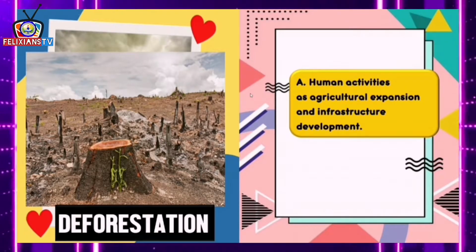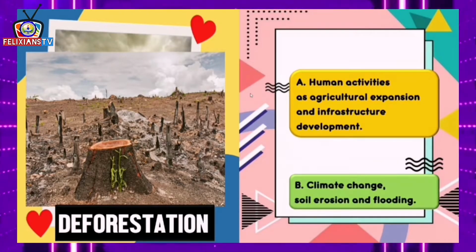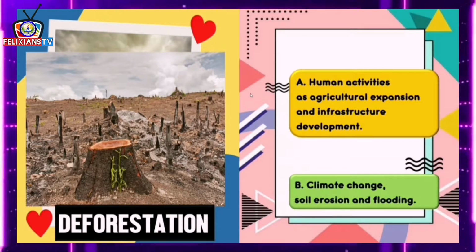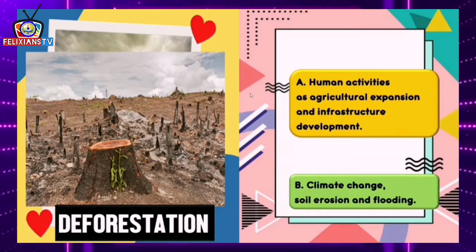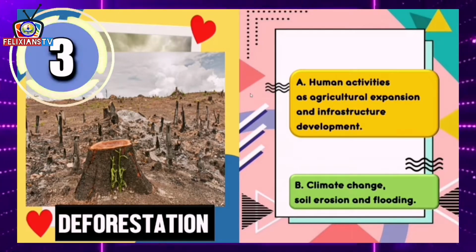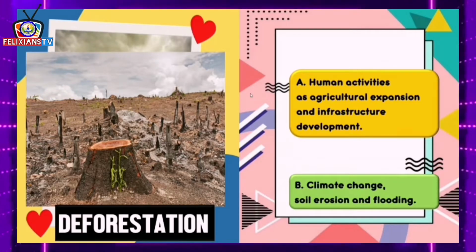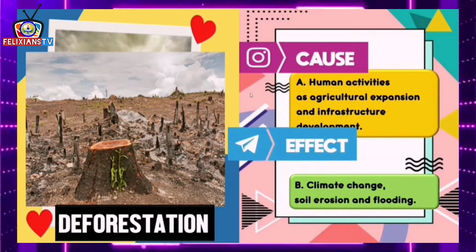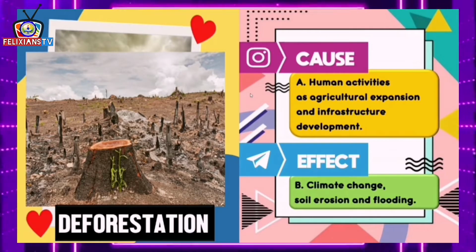A. Human activities such as agricultural expansion and infrastructure development. B. Climate change, soil erosion, and flooding. The cause is letter A. And the effect is letter B. Excellent!